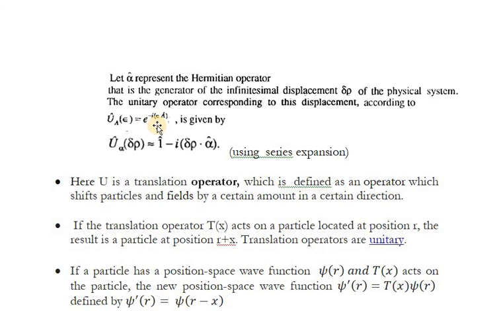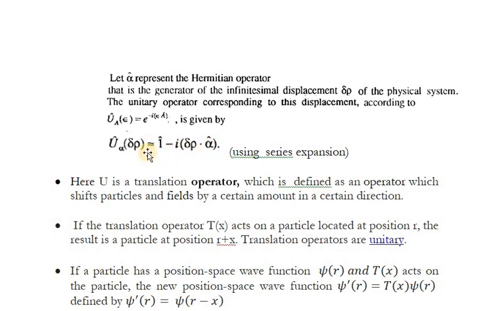Then we expand using series expansion: 1 minus i delta rho dot alpha, then other terms. We neglect the other terms. We consider only the first and second terms.